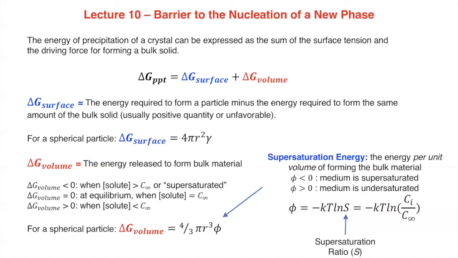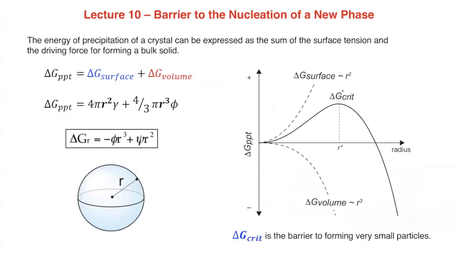All right, so two terms, a surface tension term and a bulk volume precipitation term. And if you look at those two, you'll realize that one of them goes as r squared and the other one goes as r cubed. One of them is a positive quantity and one of them is a negative quantity.